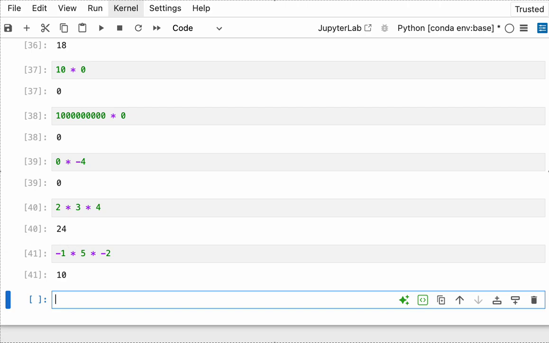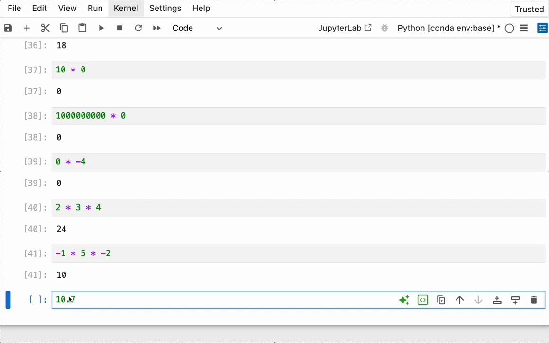Let's look at something else. Let's say floating point multiplication. Now in Python, anything that has a dot, so if we do something like 10.7, this is a float number. It's like a floating point. We'll still talk about these in detail when we get into the different data types in Python.